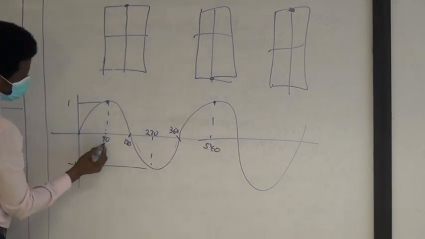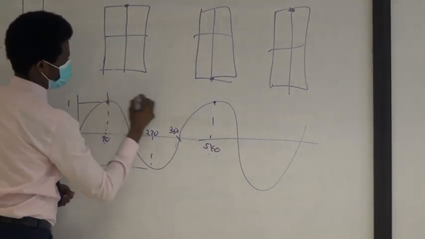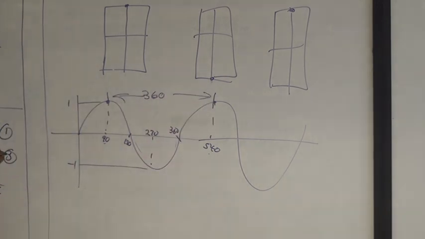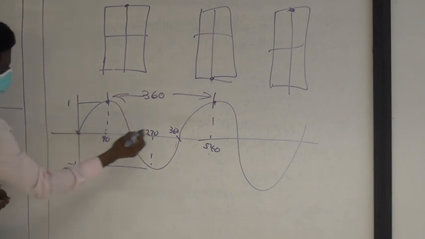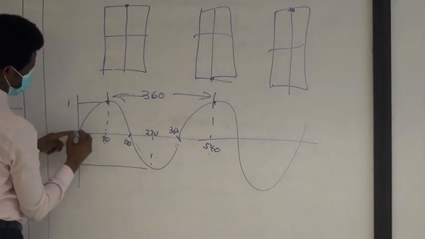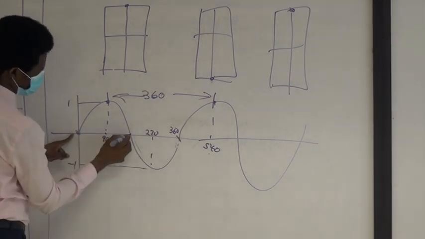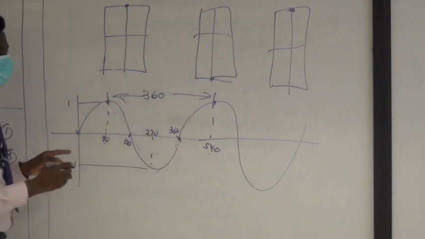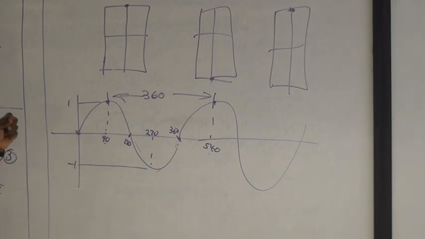From here to here, you have a gap of 360 degrees. If you pick this point, when do you get this again after a complete cycle? It touches here, but that's halfway. So after exactly 360, everything comes back to the way it was. So we say the sine function has a period of 2 pi or 360 degrees.